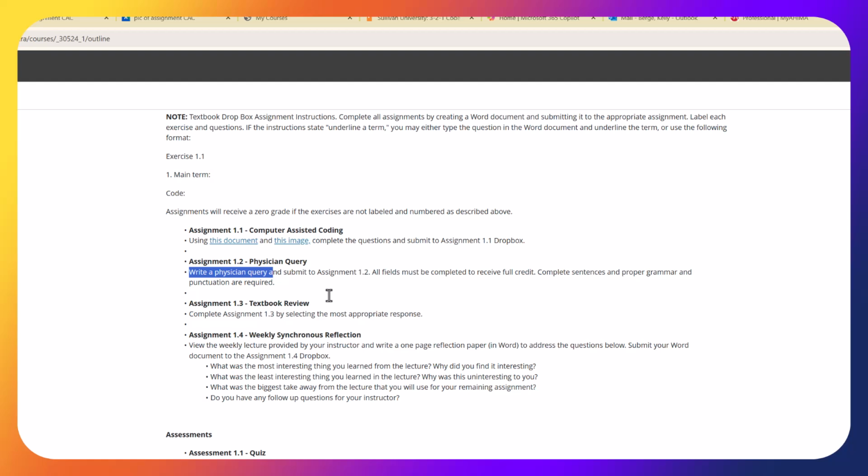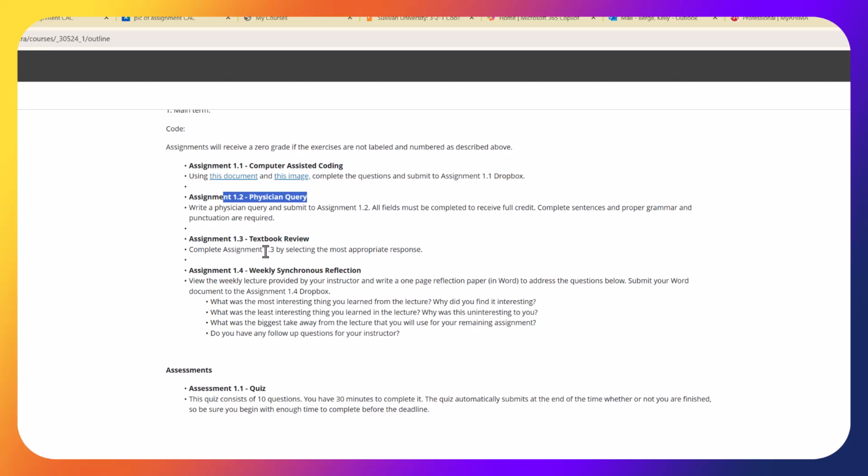You can copy and paste what's in the book under physician query in chapter 1, but I would like you to take a look at others as well. But I know that it is a lot this week, so as long as you understand what's on that query and what you need to do for a query, I'm okay with that. Again, that needs to be in a Word document because you're going to upload it into a Dropbox.